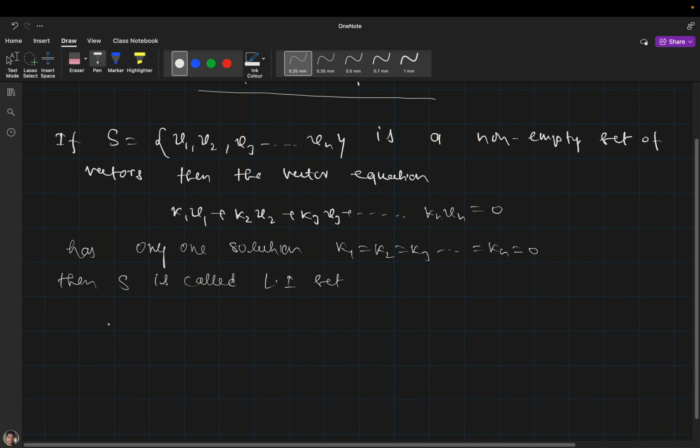Okay, otherwise it is called what? Linearly dependent set.